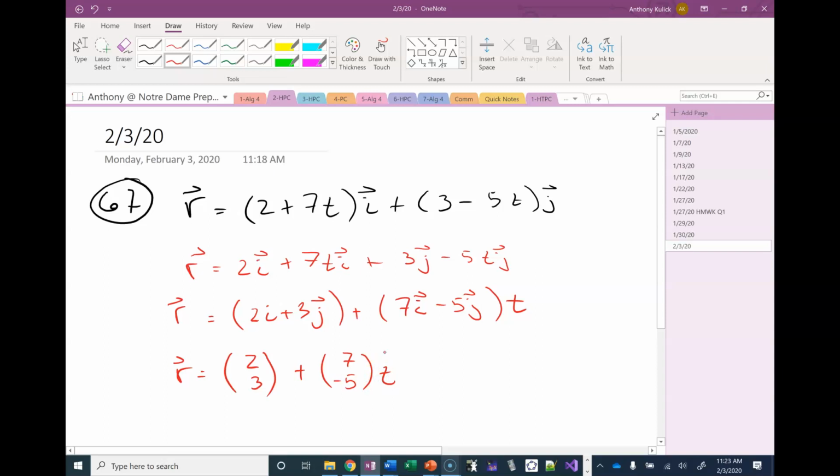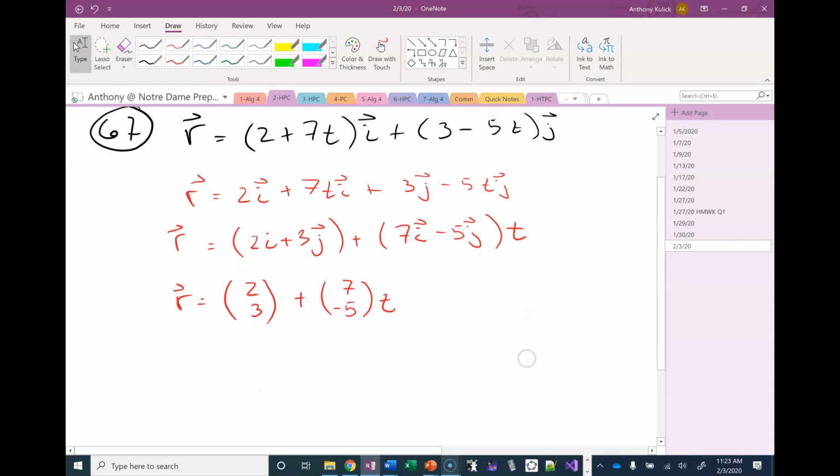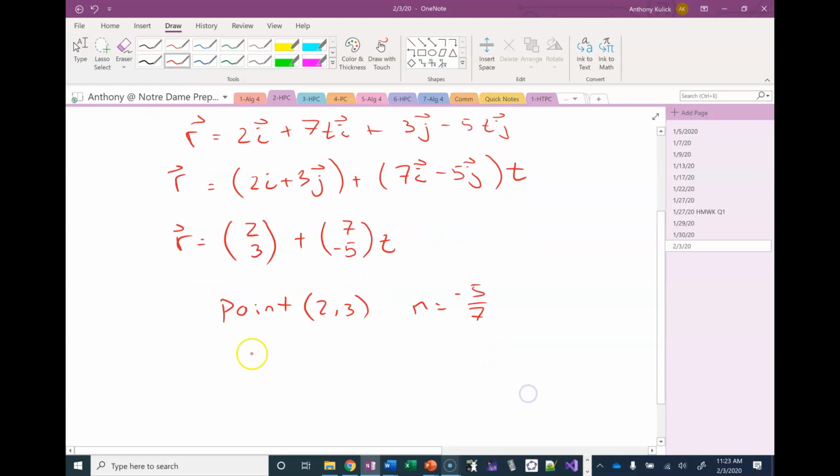And now it's in the same familiar form as 63 and 65. So my point can be 2, 3, and my slope can be negative 5/7. So I can say 3 equals negative 5 over 7 times 2 plus b.